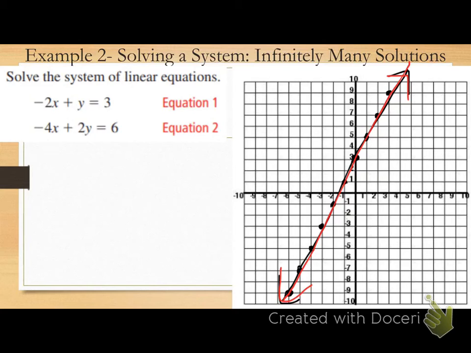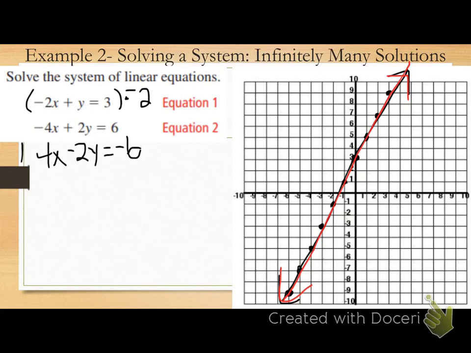Multiply the top equation by -2. -2 times -2x is positive 4x. -2 times y is -2y. -2 times 3 is -6.